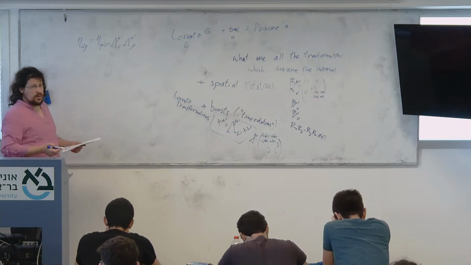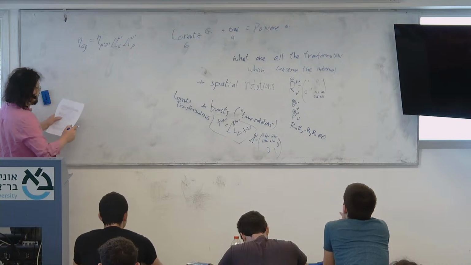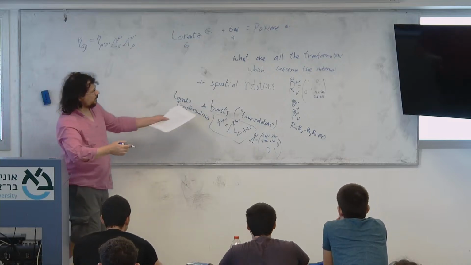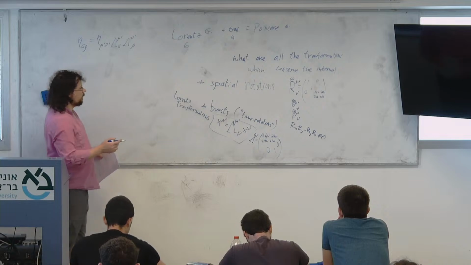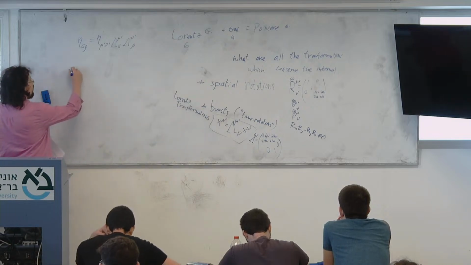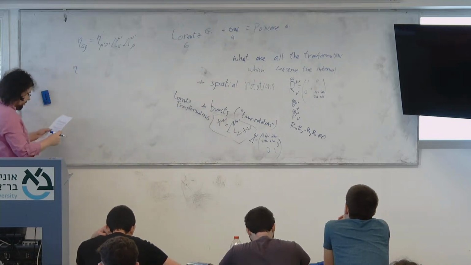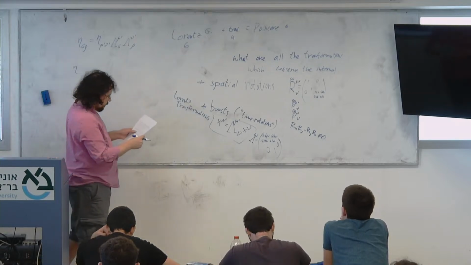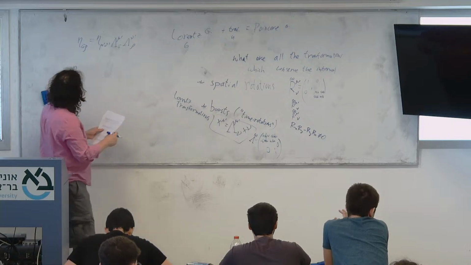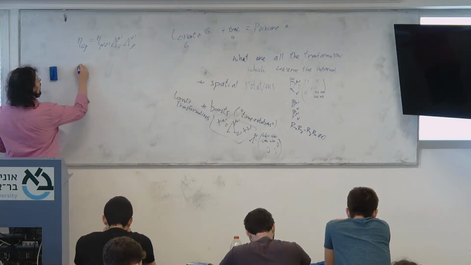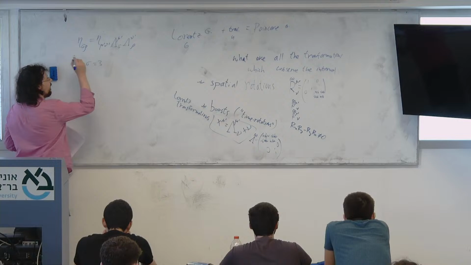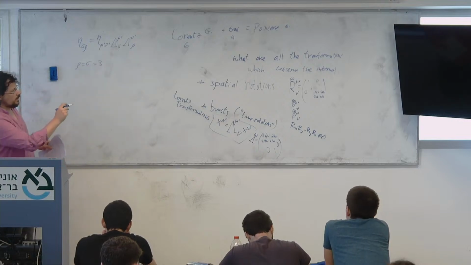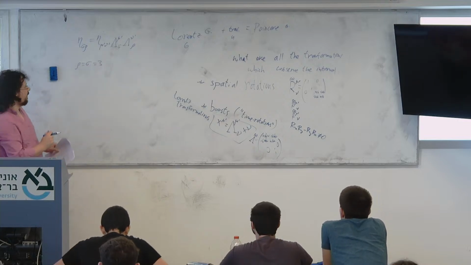So, just for an example, if we wanted to look at, say, rotations about the x-axis, and let's look, for example, at eta. Let's take, for example, rho equals sigma equals 3. I want to look at the z component of the metric.